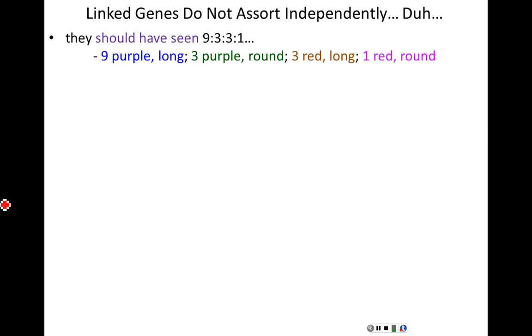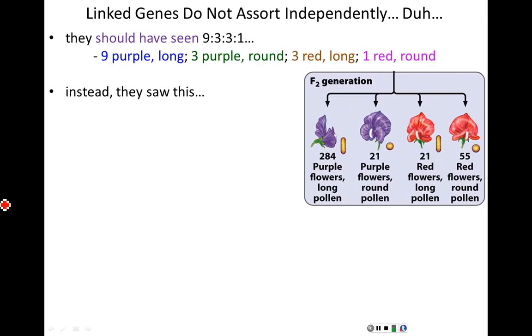That is our 9:3:3:1 ratio. Instead, the scientists doing this experiment saw this ratio. 284 dominant, 21 dominant recessive, 21 recessive dominant, 55 recessive. What?